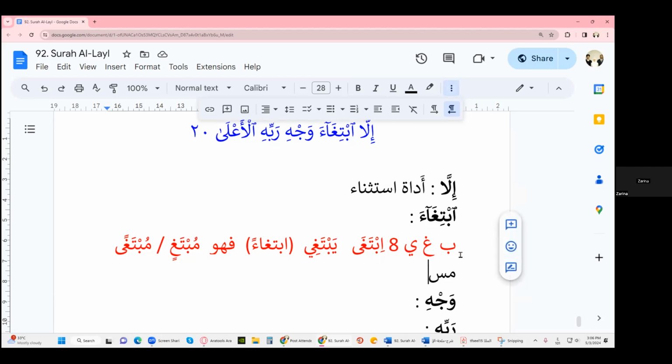Yes, it is the exception, but mustasna, is it the thing that is being excluded or the group from which it's being excluded? I'm not so sure. You said yes just now. You were quite positive about it. It's the one that's being excluded, right?